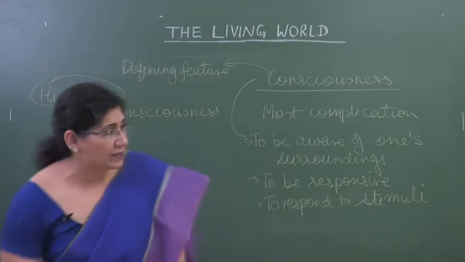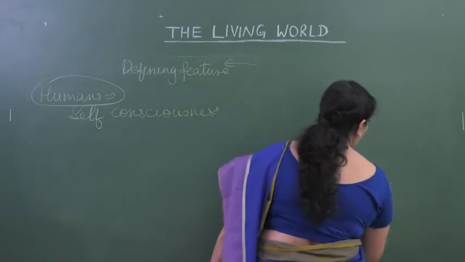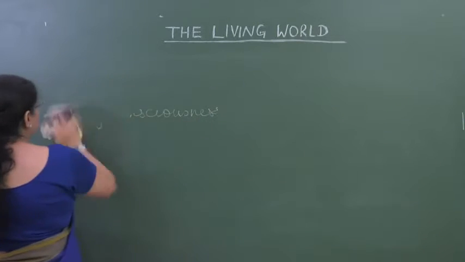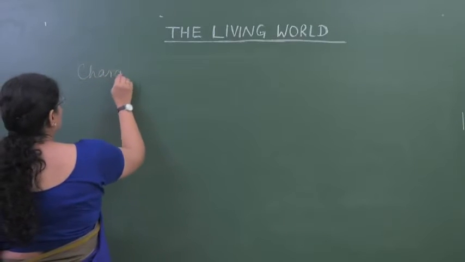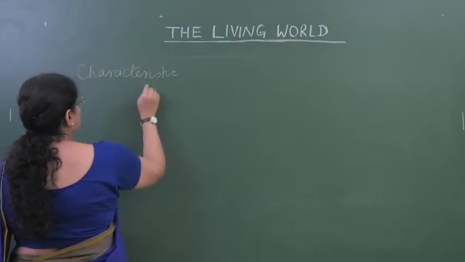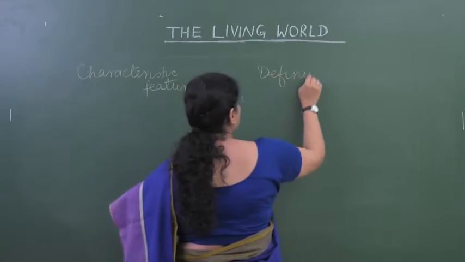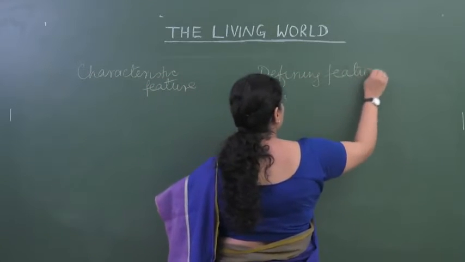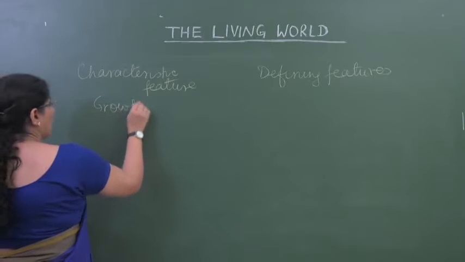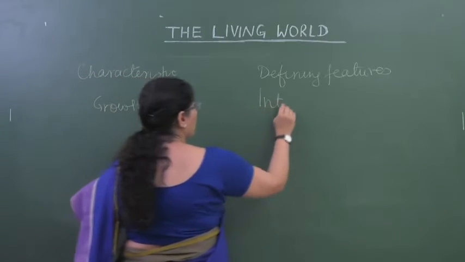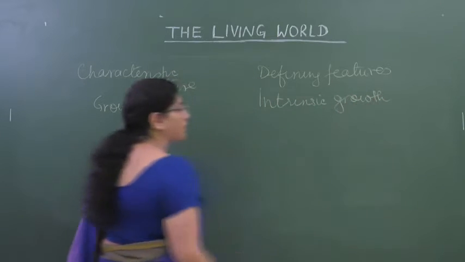So let us now summarize what all we have marked. So we have marked characteristic features and defining features. So we have categorized growth as a characteristic feature, whereas intrinsic growth will be a defining feature.